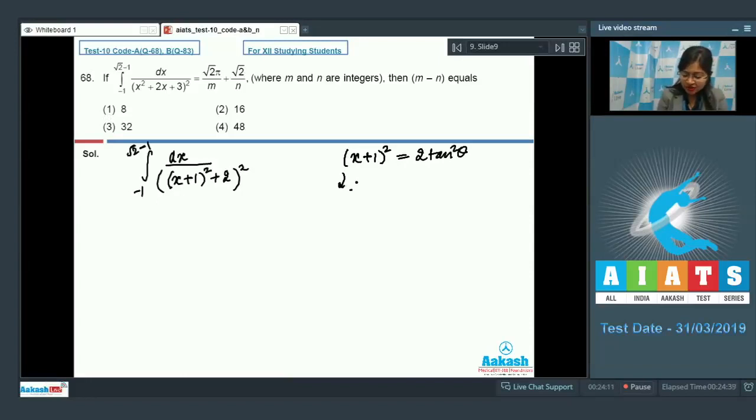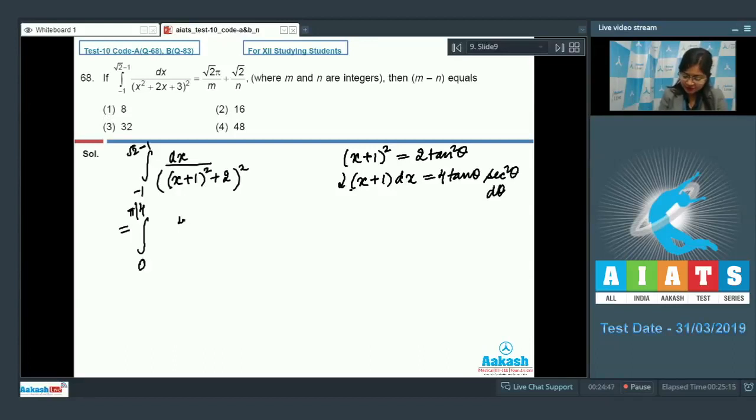So let us see what happens. Its differentiation gives us 2(x + 1) dx equal to 4 tanθ sec²θ dθ. Now this can be written as an integral. As we have done the substitution, the limits will also change. It will go from 0 to, putting x equal to √2 - 1, on the left hand side we will get 2, so tan²θ is equal to 1, that gives θ equal to π/4.